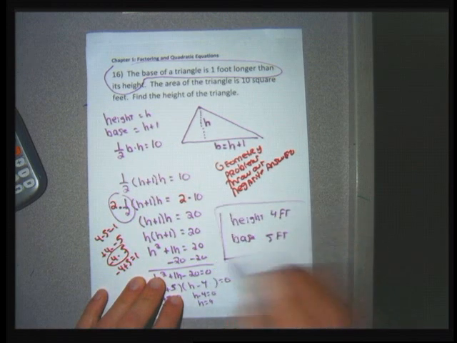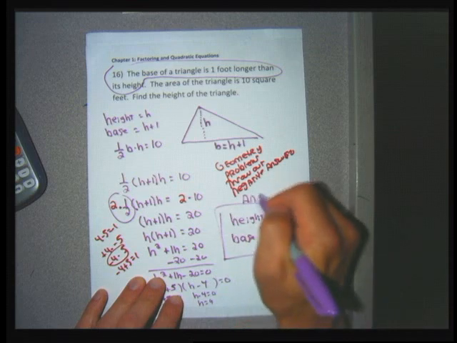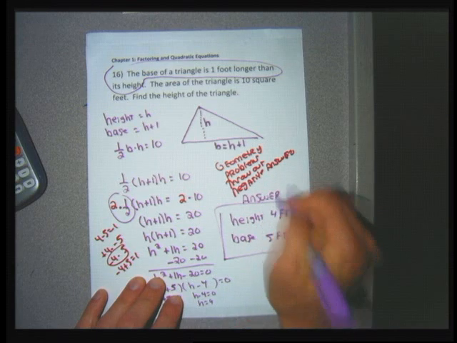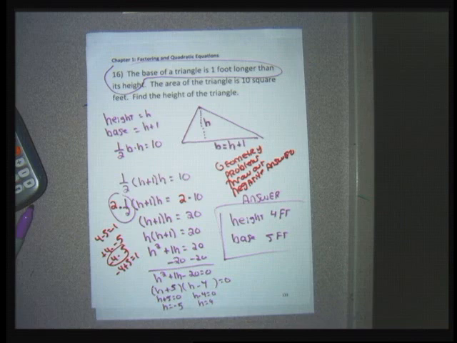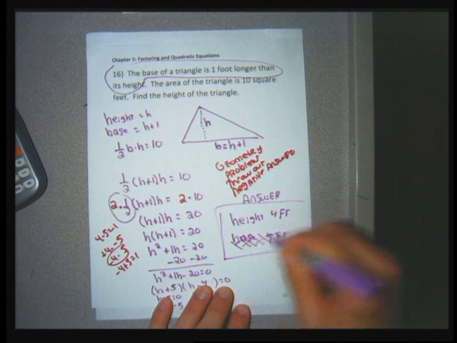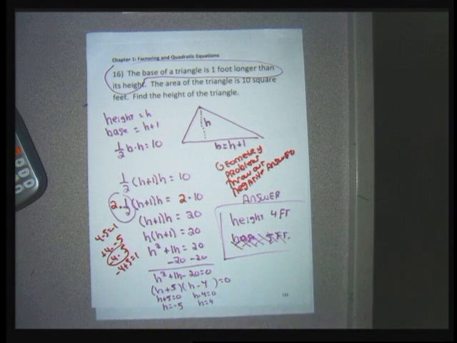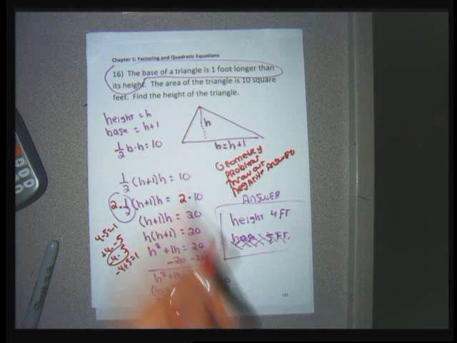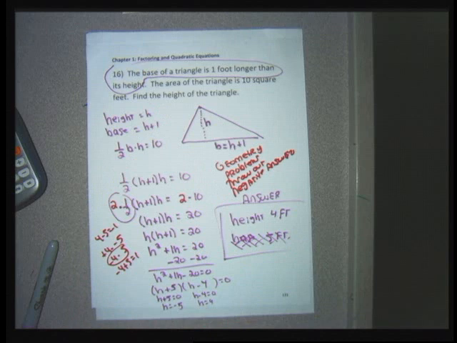If you give me more than it's asked for, that's okay. Usually, I ask you for all the dimensions, but for whatever reason I only asked you for one of the dimensions. So technically you don't have to give the base, and you only have to give the height. But if you give me both, it's completely fine. I don't care. You give me more. As long as you get the part that's asked for, you're fine.